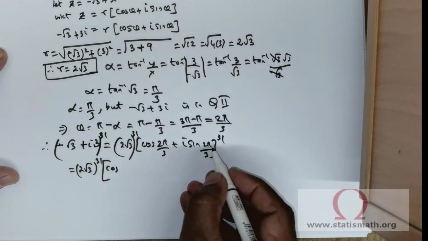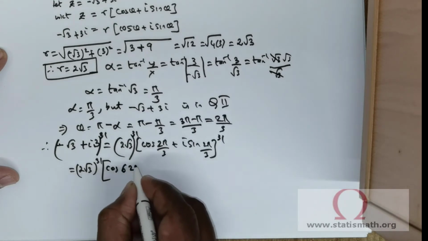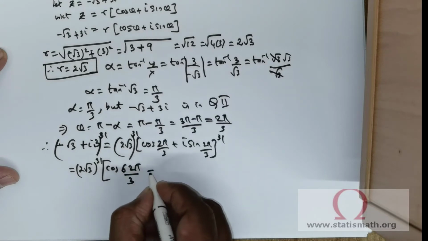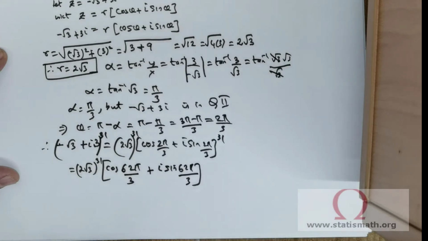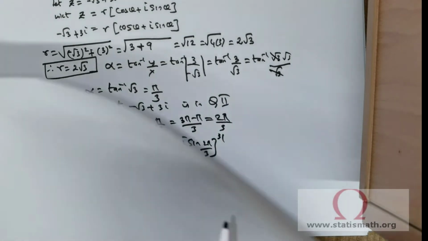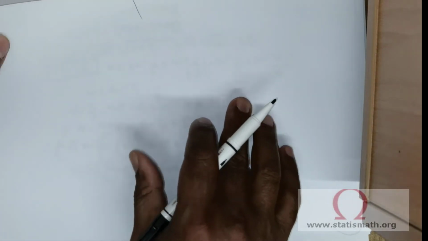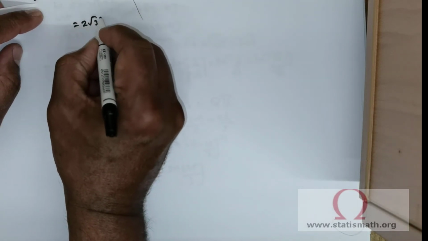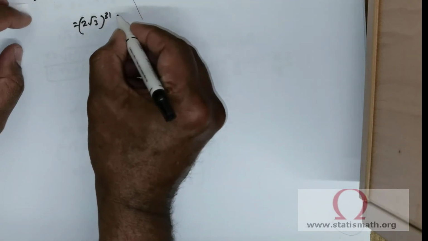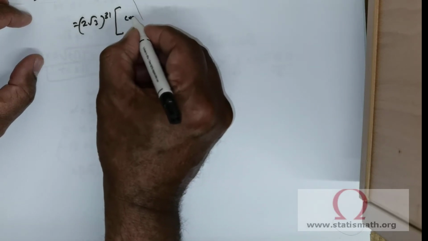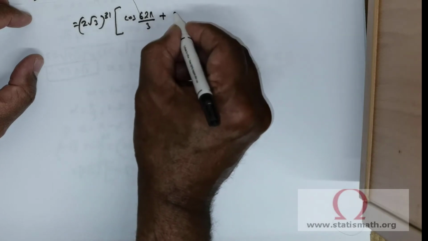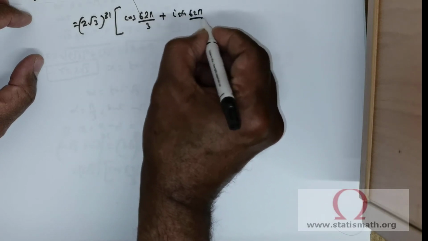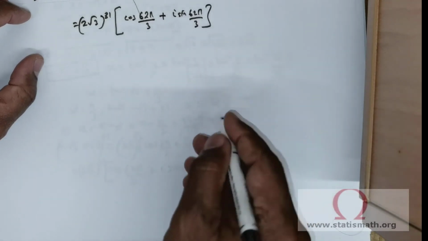By de Moivre's theorem, this is 62 pi divided by 3 plus i times sine 62 pi divided by 3. Now I need to simplify this quantity.